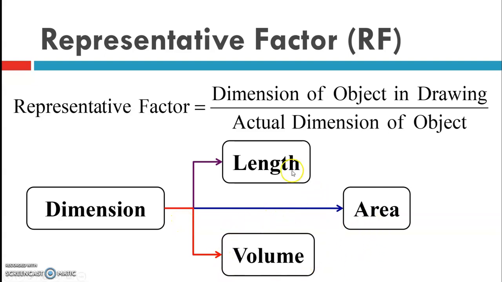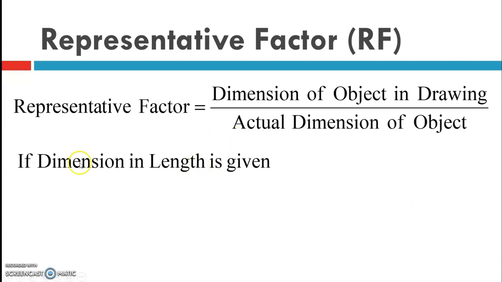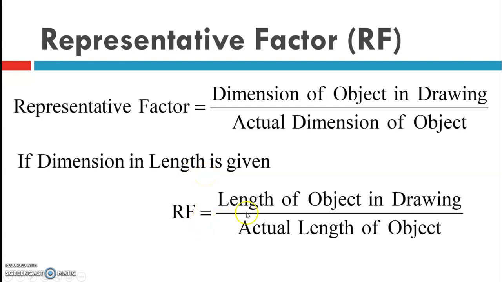So if these are the dimensions, the RF equation for different cases is different. We have already studied that if the dimensions are given in length, then RF is equal to length of object in drawing divided by actual length of object. So this we have already studied.